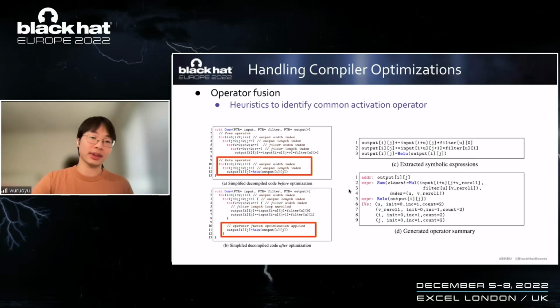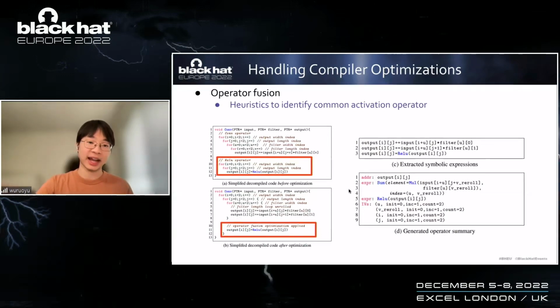To handle operator fusion, we leverage the observation that when two operators are combined, the second operator is usually an activation operator, for instance ReLU. So our technique is quite simple.